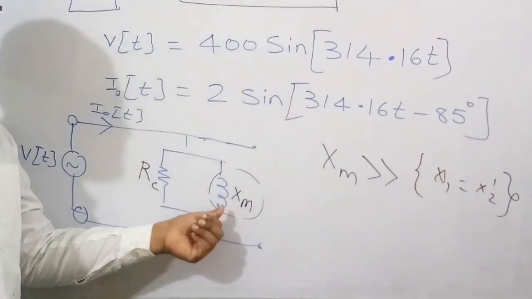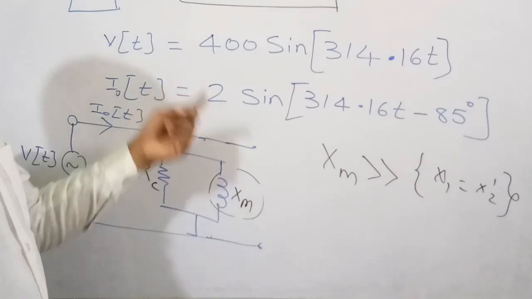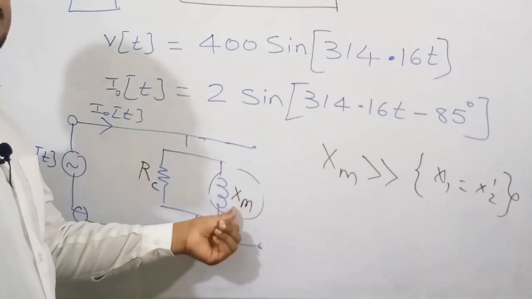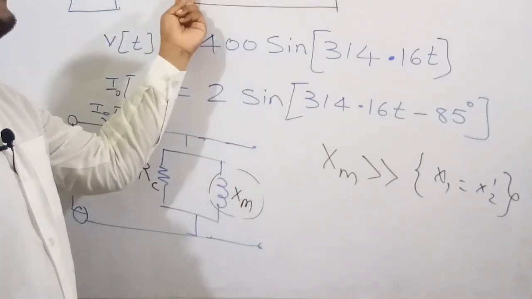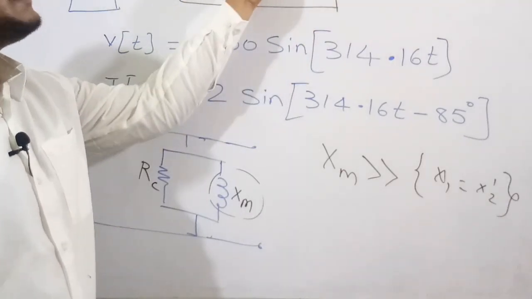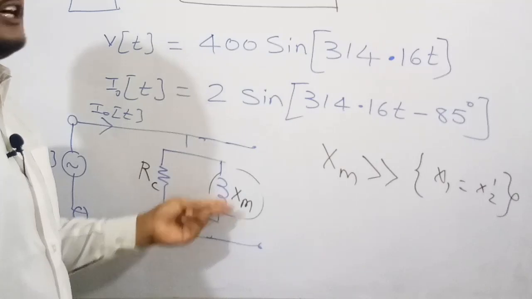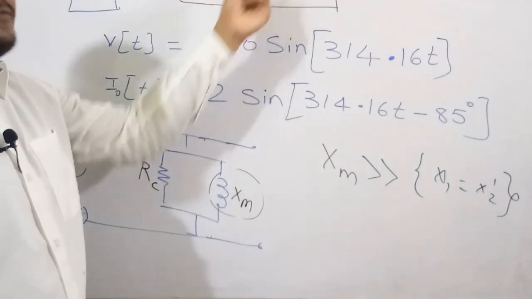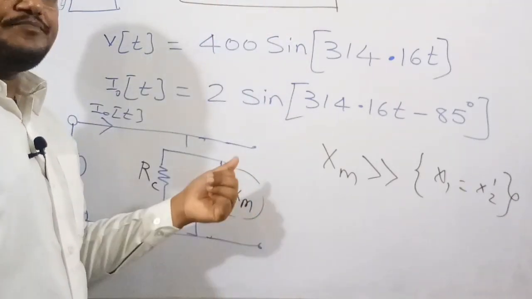This XM is the reactance because of the flux which links the primary and the secondary. This is called the useful flux. Because of this useful flux, there is an inductance between the primary and secondary. So this is XM.